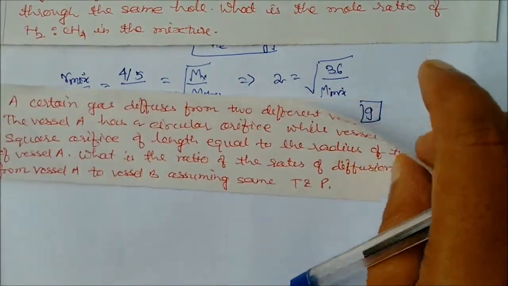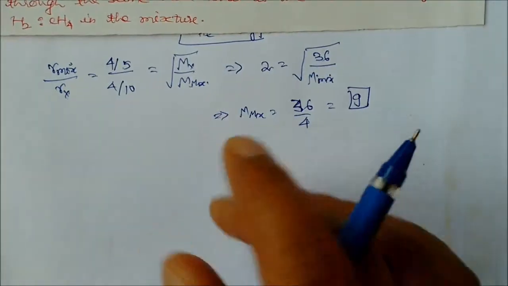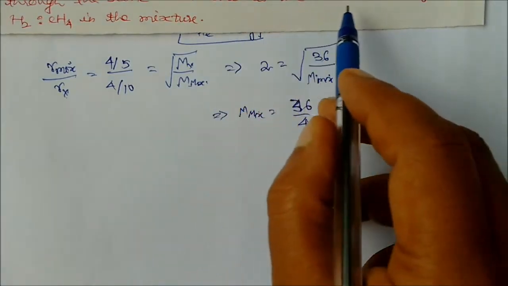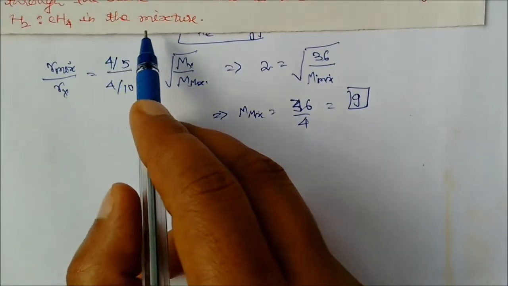One more thing, the answer 9 is still there, the molar mass 9 is there now. So we have to find the mole ratio of hydrogen and methane in the mixture.